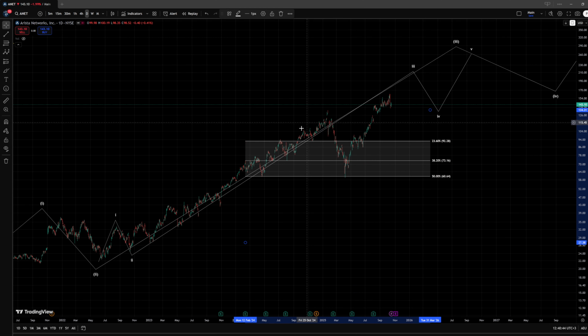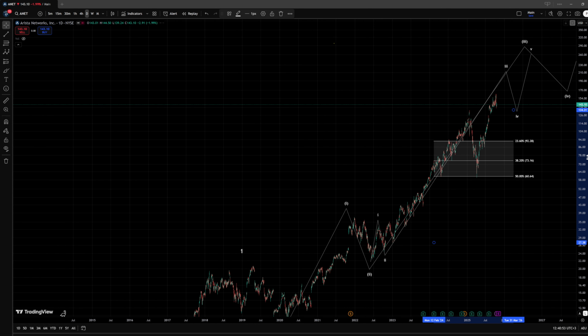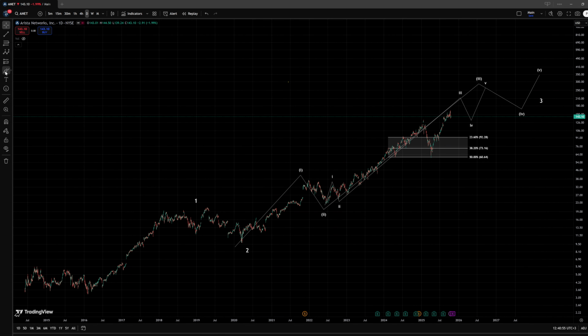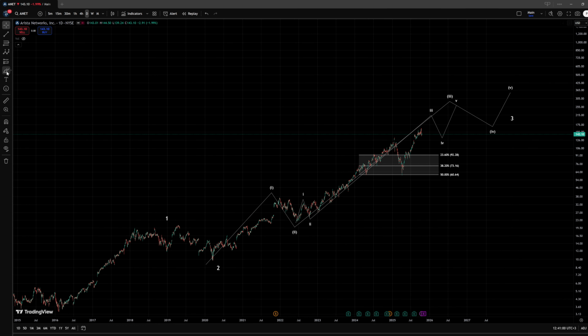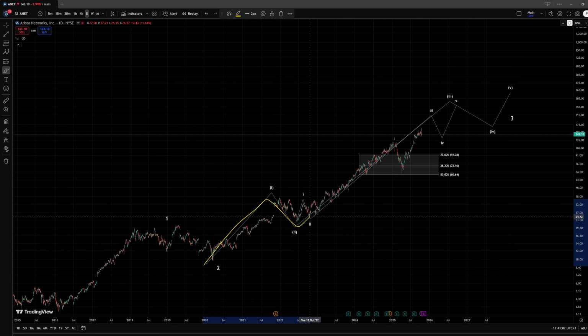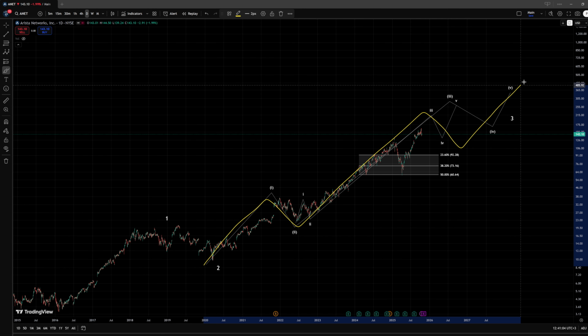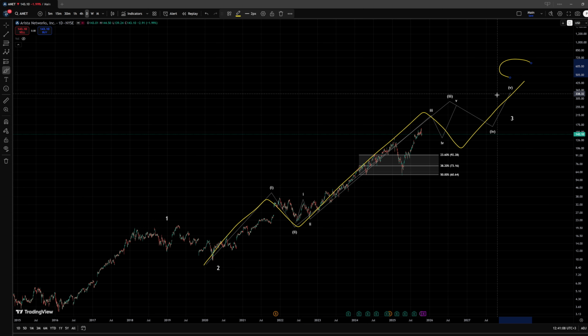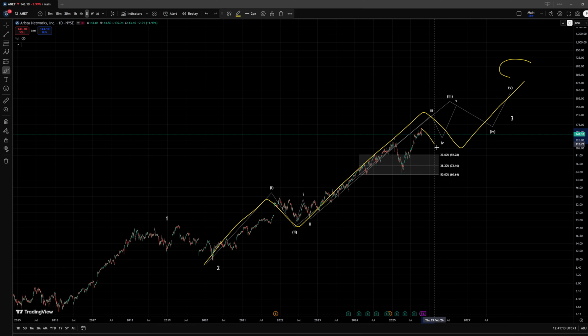If I use any other count, we would have actually failed to hold it, and we would probably be tracking a diagonal structure overall to the upside in this area, where it could be something like an ABC movement to the upside. In the end it could really be something like a 1, 2, 3, 4th and the 5th that we could be tracking within a larger wave C. So we may still develop the larger structure, and even in that case, we may still need a 4th and the 5th to complete the internal wave 3.